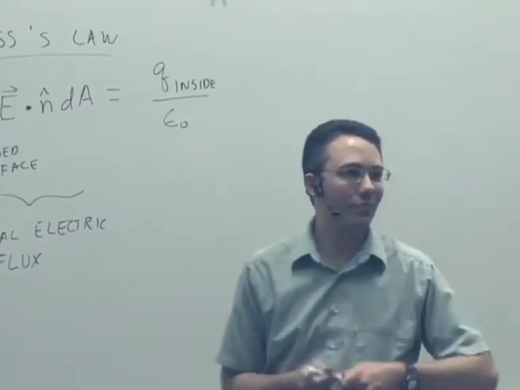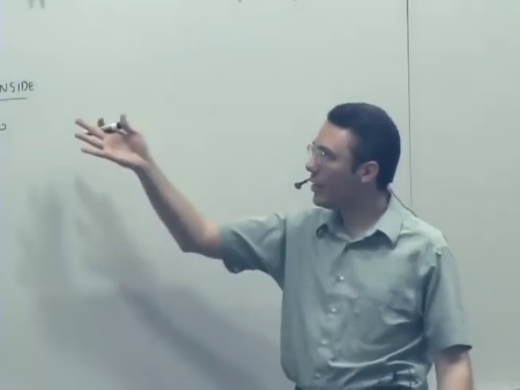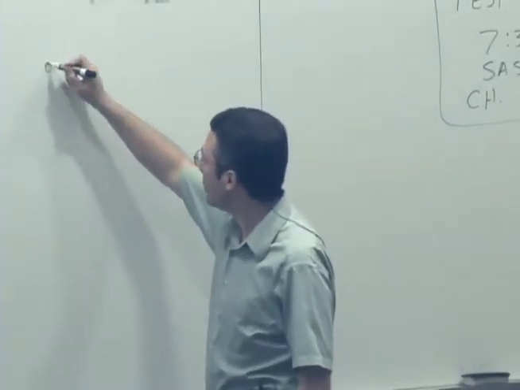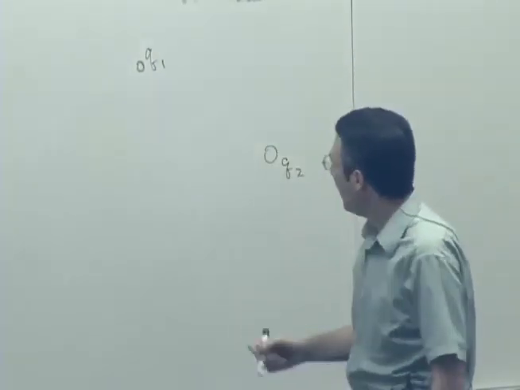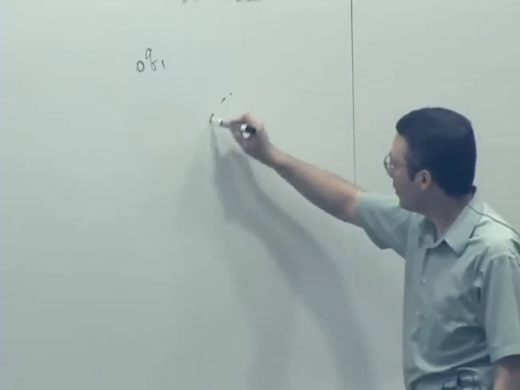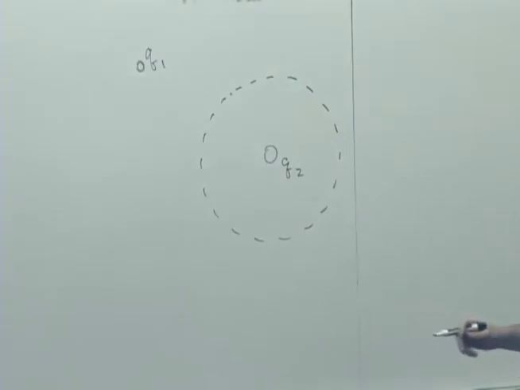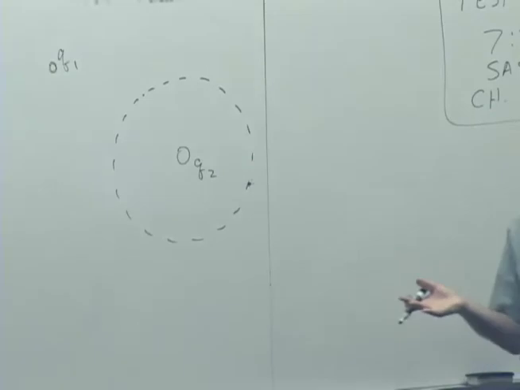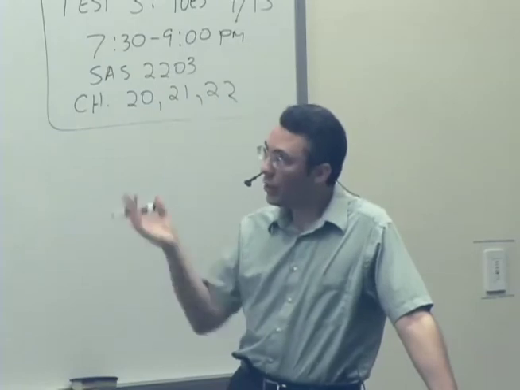One thing that might be confusing at times is why only the charge on the inside of the surface matters. For example, if I have charges in space, a Q1 here and a Q2 here, and I happen to pick a surface that only encloses Q2, then I'm looking at the electric field on the surface to calculate the flux, but that electric field, due to superposition, is the net electric field due to all charges in space.